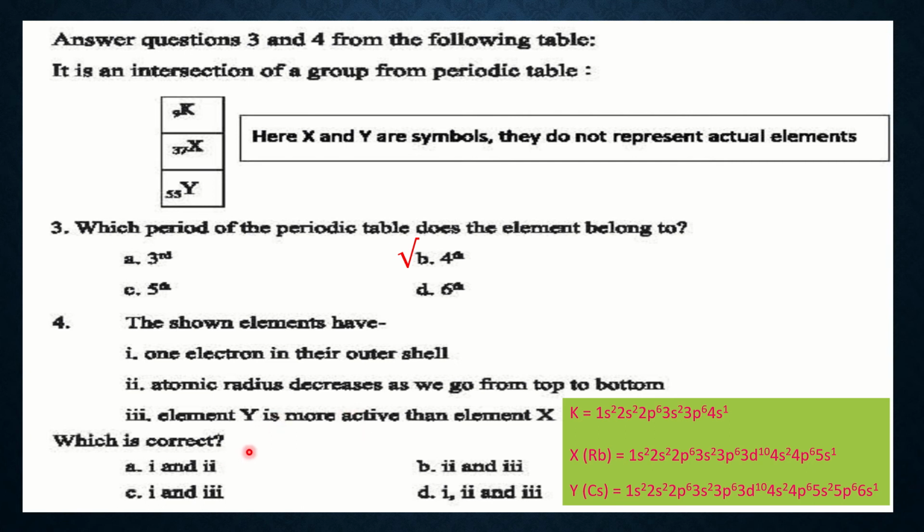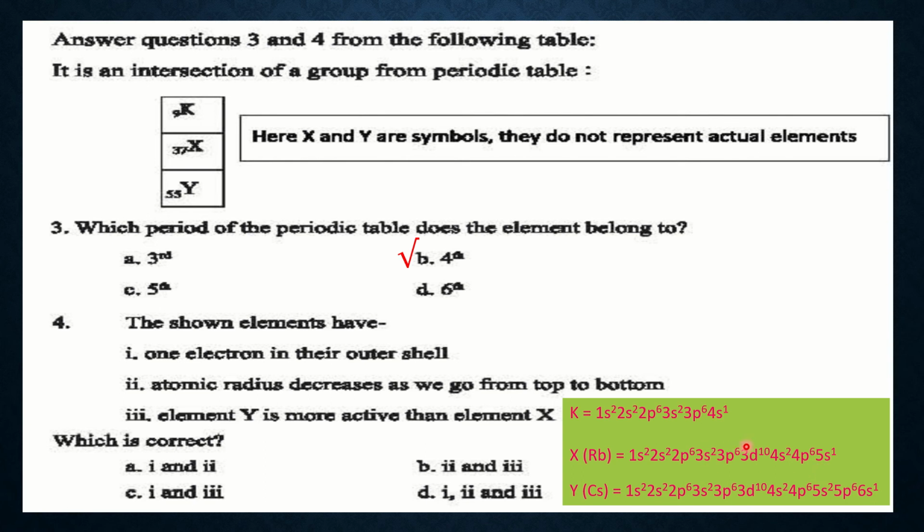Option 3: element Y is more active than element X. Dear students, look, for element Y there are total 6 shells and the last electron belongs to the 6th shell, and for element X the last electron resides on the 5th shell.